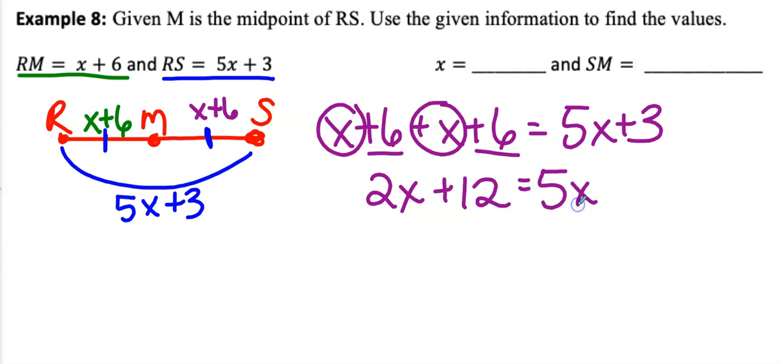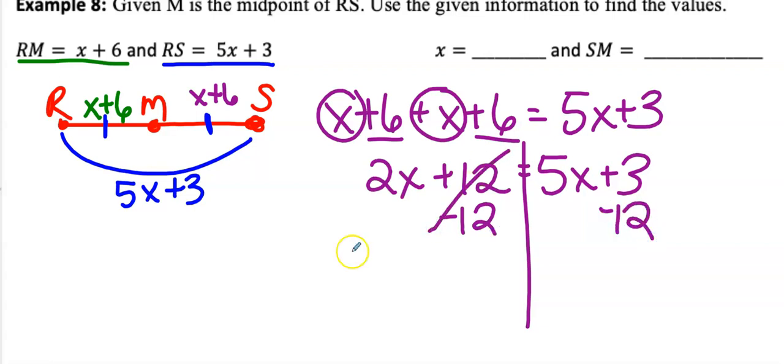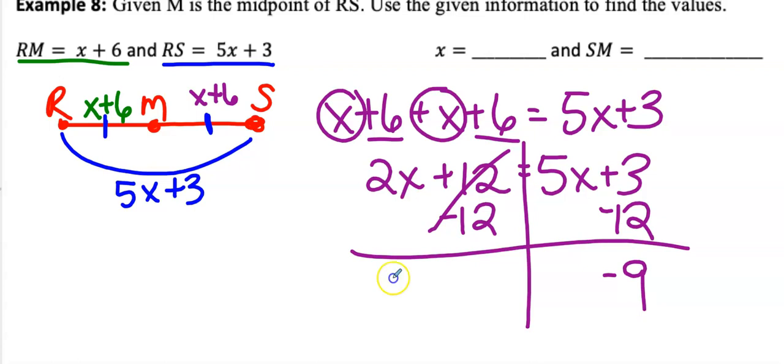Bring down 5x plus 3. Now I can minus 12. You repeat. And then 3 minus 12 is negative 9. Bring down 2x. Bring down 5x.